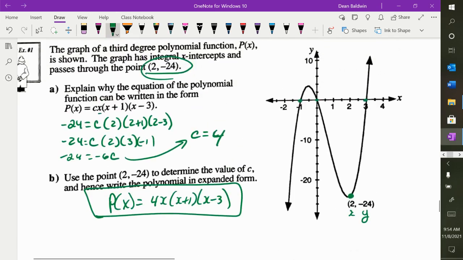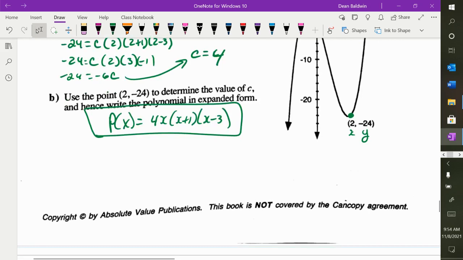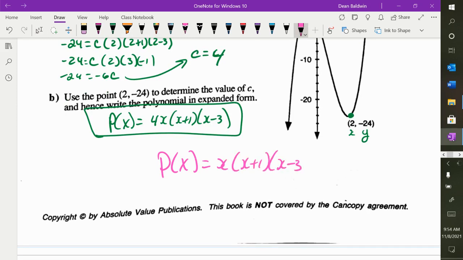This graph is this graph. Don't write this down. If you sketch that graph, x plus 1, x minus 3, and you wanted to stretch it by a factor of 4 vertically, you would just put a 4 in front. Right? That's really all we're doing.